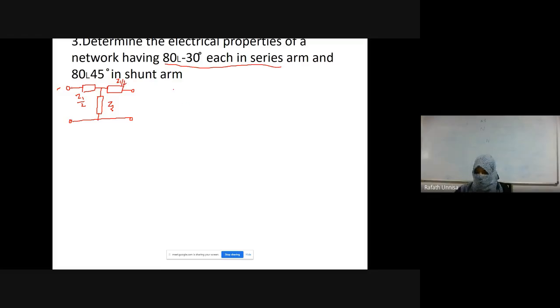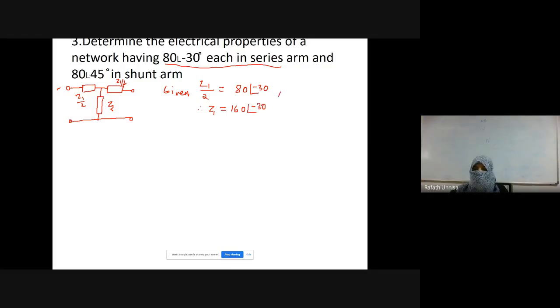Okay, so let us write now, given Z1 by 2 is equal to 80 at an angle minus 30, from which I can find out Z1, which is equal to 80 times 2, that is 160 at an angle of minus 30.